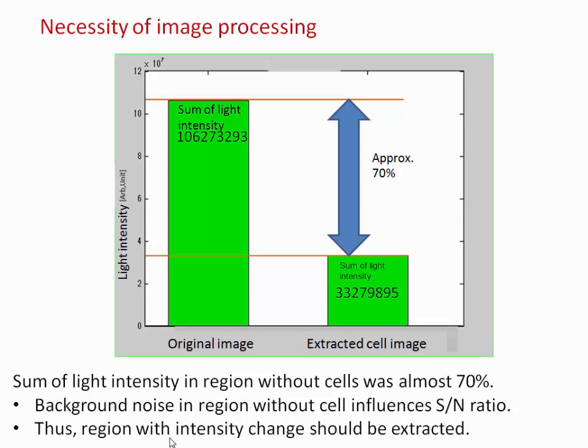The sum of brightness intensity in the region without cells was almost 70%, and background noise in the region without cells influences the signal to noise ratio. And thus, the region with intensity change should be extracted.